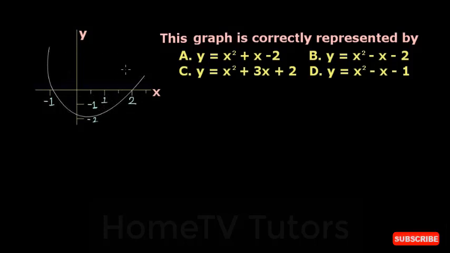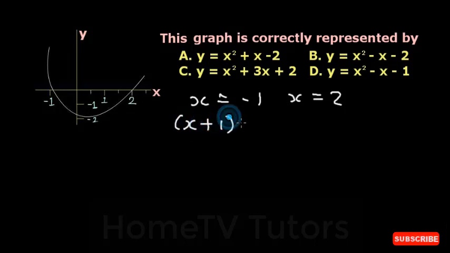This graph is correctly represented by one of these answer options at x equal minus 1 and x equal 2. Therefore, bracket x plus 1 equals 0 and bracket x minus 2 equals 0.